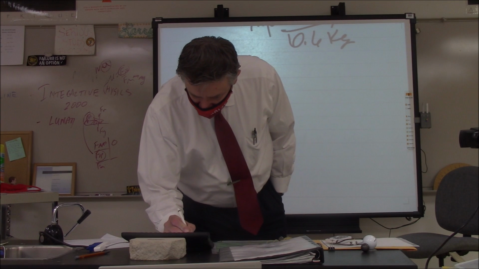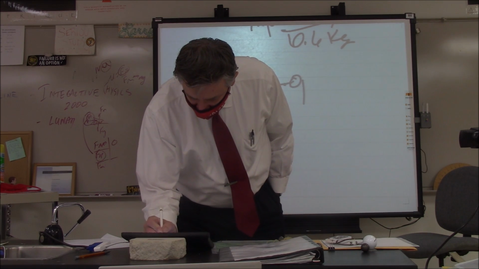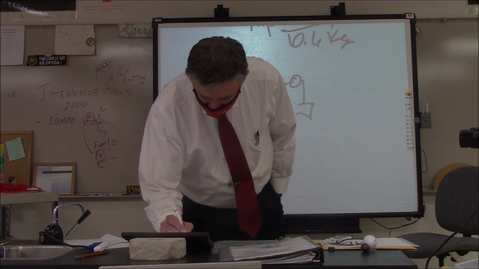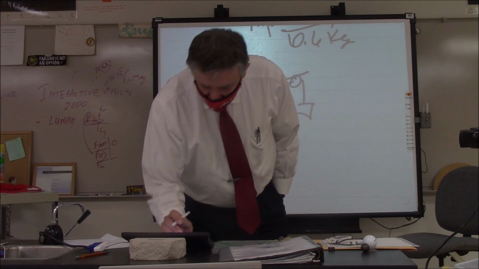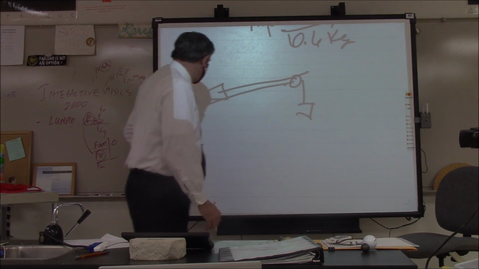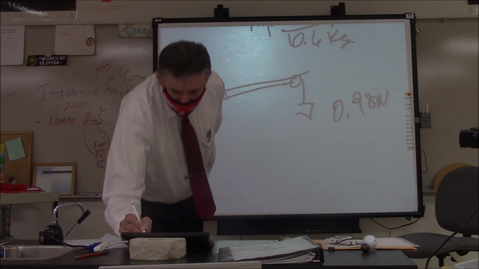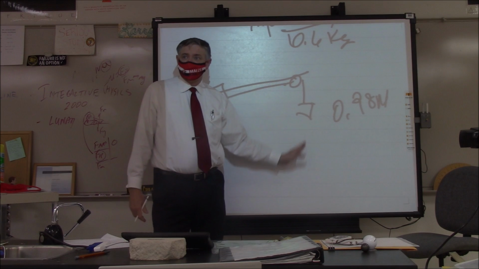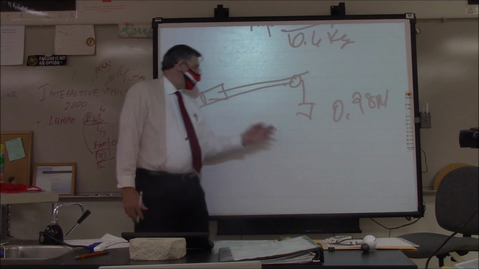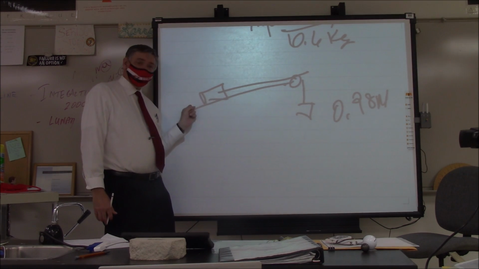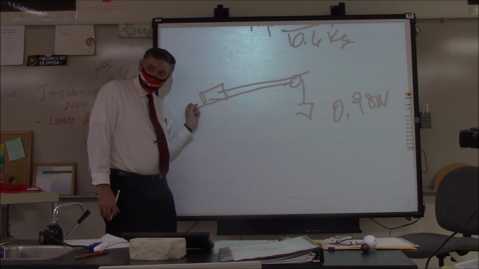Now, if you change it and you put it on an incline, like this, okay, then that's a little bit more complicated, because you still have 0.98 newtons trying to drag this thing, right? But now you have this force parallel acting as an opposing force.